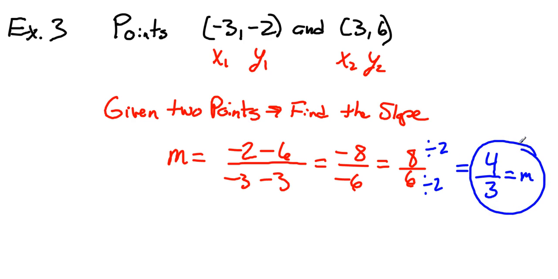Okay, once you've got the slope value, now that you have the m value, you can take this m value, take that x1 and y1, and plug that back into the formula.